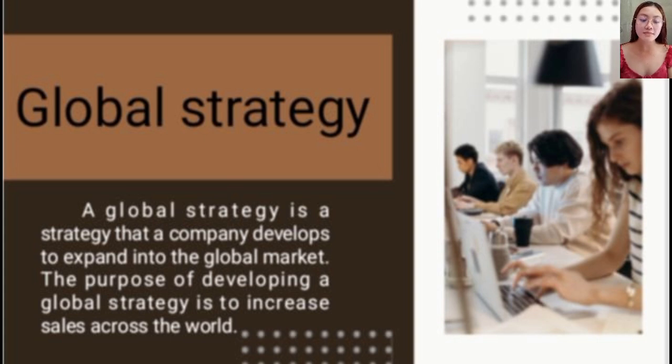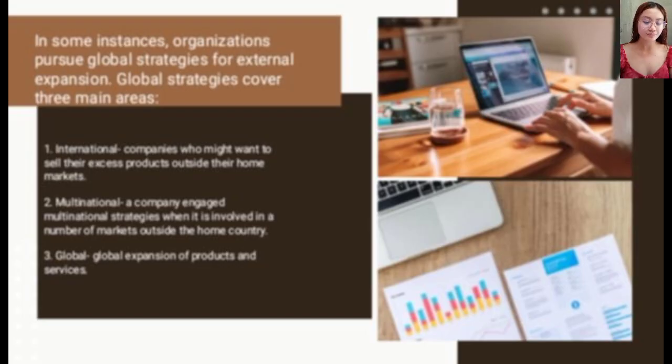Aside from that, examples of companies that successfully implemented global strategies are Coca-Cola, with their iconic brand; McDonald's, with their core products; Apple, focusing on innovation, design and user experience, same as Microsoft. Next is Starbucks. So those are examples of global strategy.